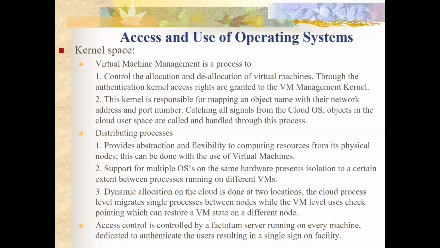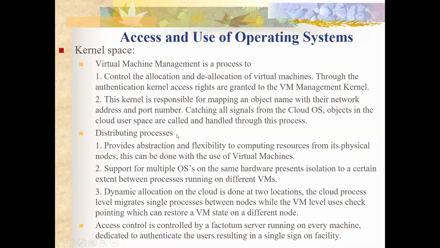Also, this kernel is responsible for mapping an object name with its network address and port number, catching all signals from the cloud operating system. Objects in the cloud user space are called and handled through this process. That's the first part in the kernel space, virtual machine management.